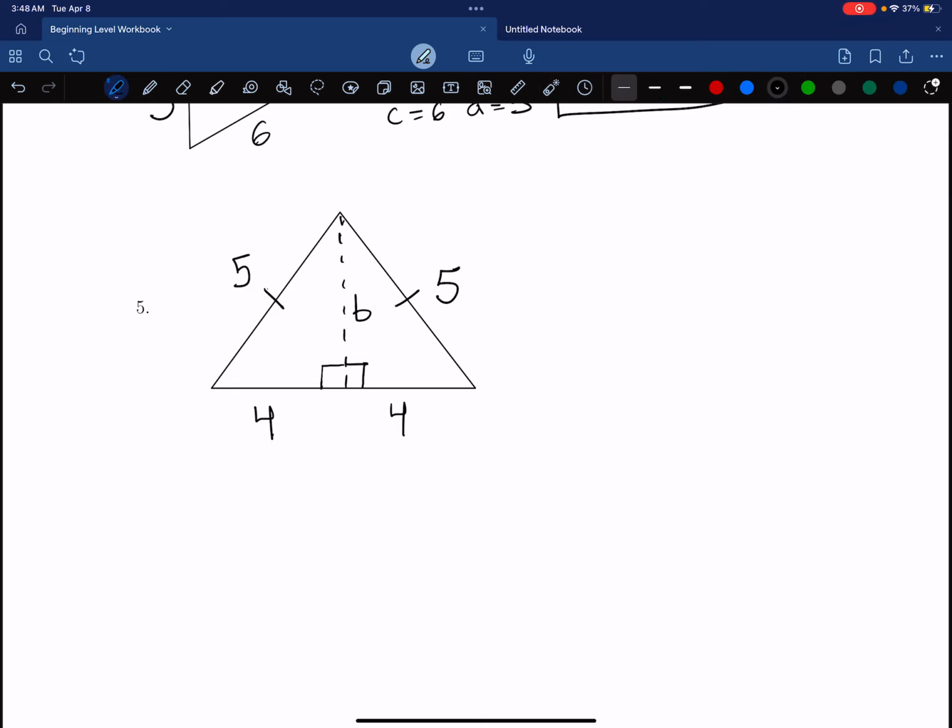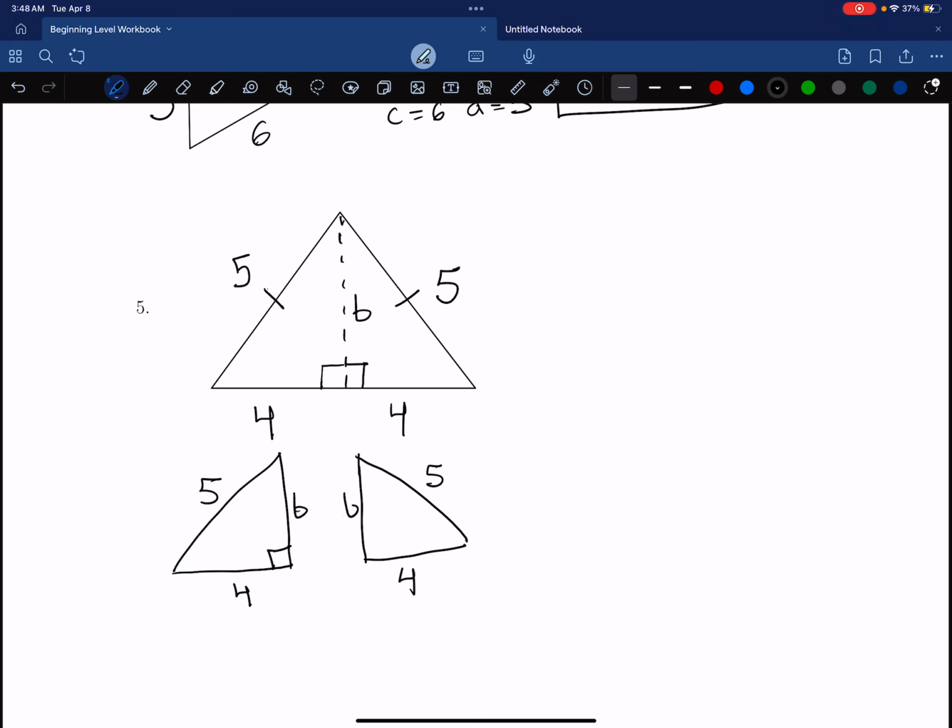So what we really have going on here, I'm going to draw out two separate triangles. And we know that this is 5, that this is 5, and this is 4, and this is 4.